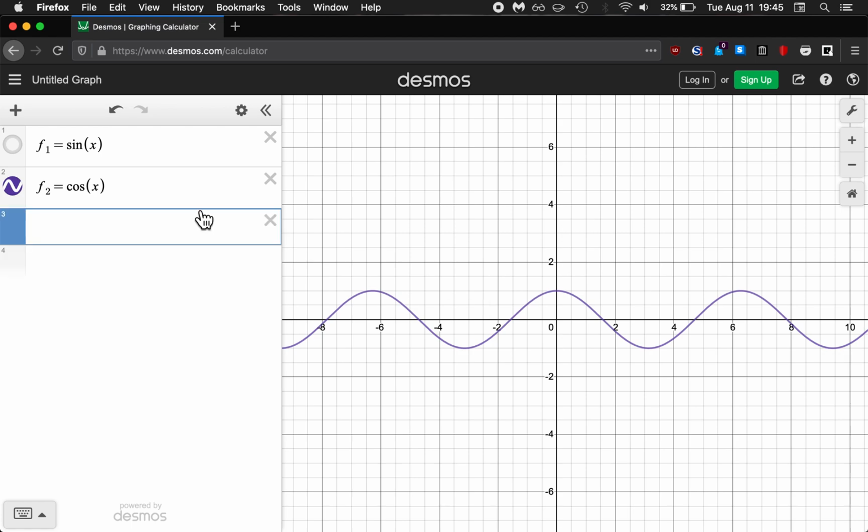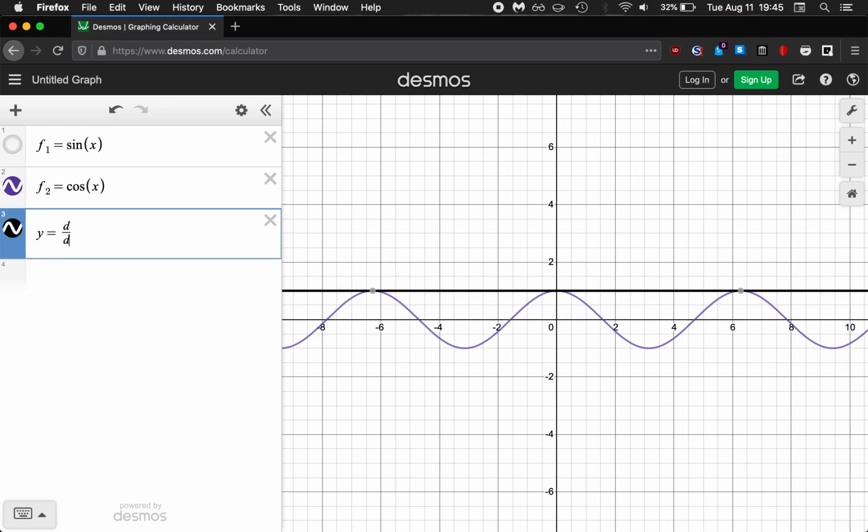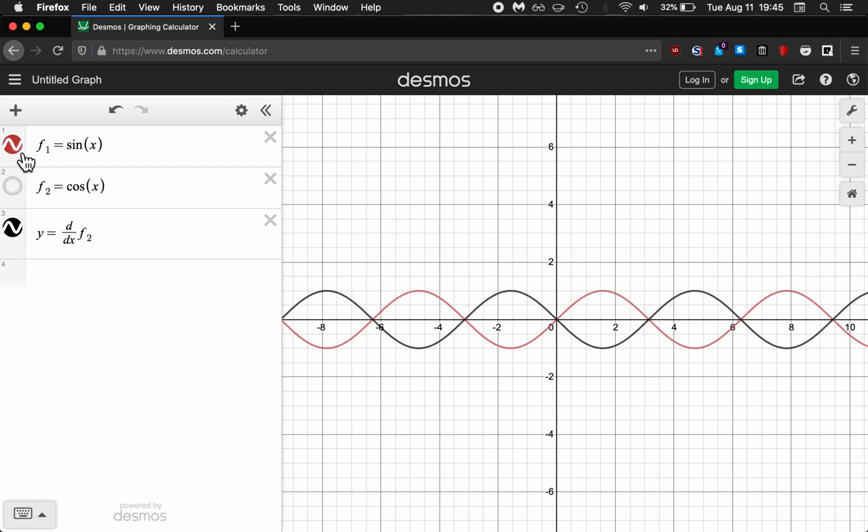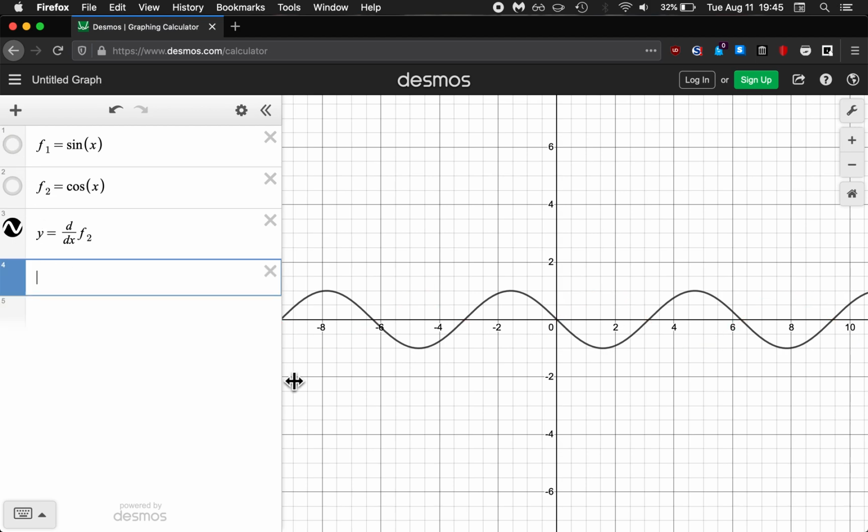Let's have Desmos work on that for us. Have you figured out the shape yet? Why, it's another waveform. And in fact, what is this in black? It's the mirror image of the sine function. So that's got to be minus the sine function.